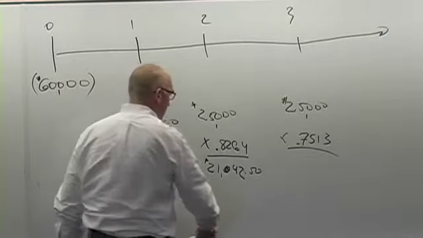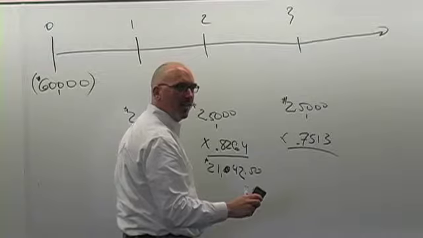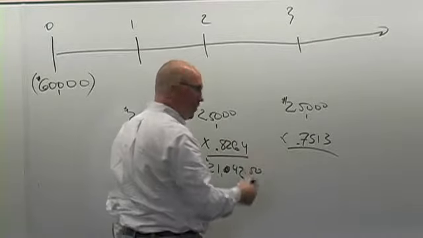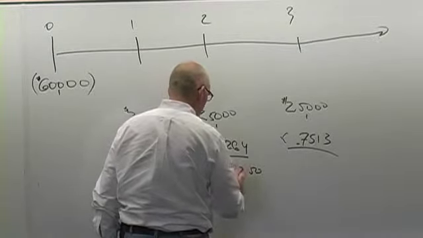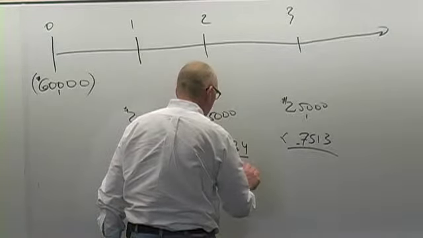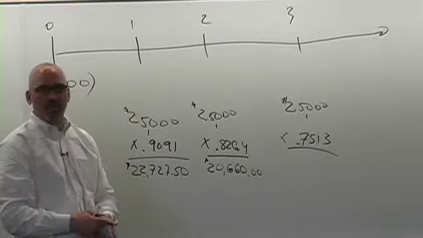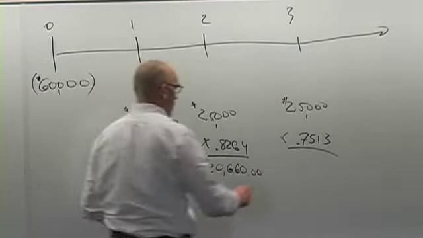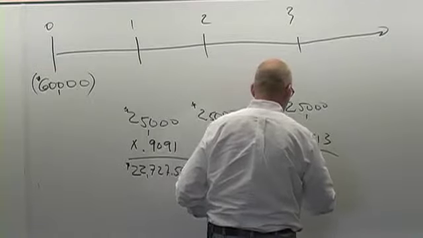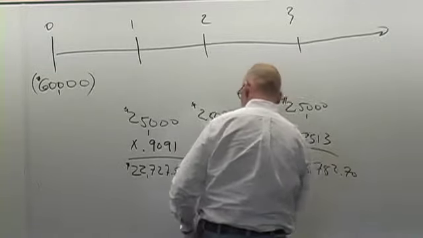Oh, okay, never mind. I got 20,660. Any pennies? Okay. And who's supposed to do the last one? Please. $18,782.50. And how much? 70 cents? 50 cents. Okay.